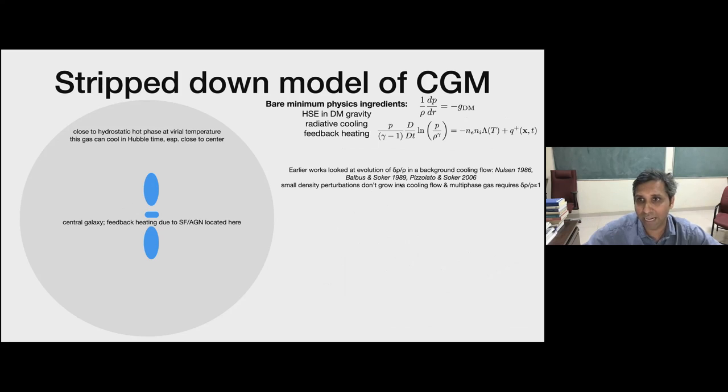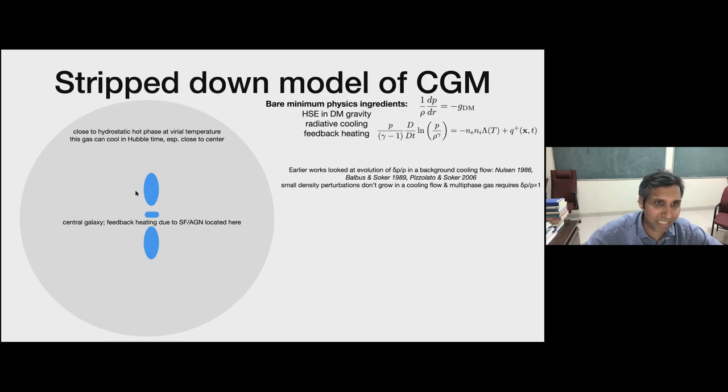So this idea of thermal instability is not very new, and it goes long back, but most of the older analysis was in the context of a background cooling flow, in which the background gas cooled and flowed towards the center. And in such a background, which is evolving on the cooling time, the density perturbations do not grow. And these are the papers which sort of were using this model.